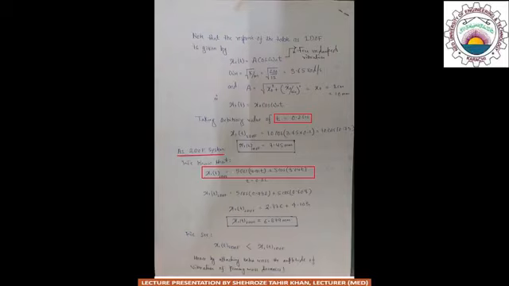Therefore, the response of the mass m1 in a 2 degree of freedom system, x1 of t, is equal to 6.879 millimeter.